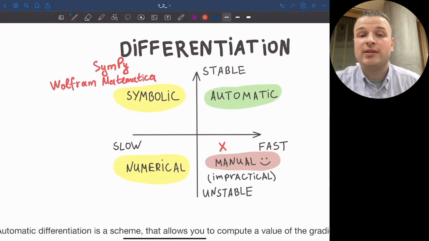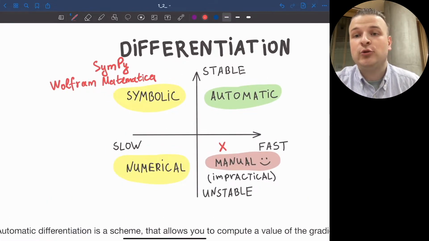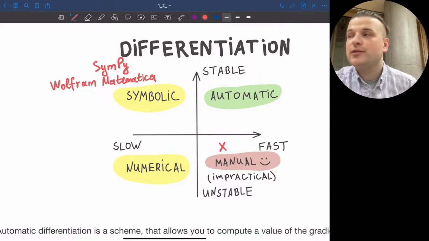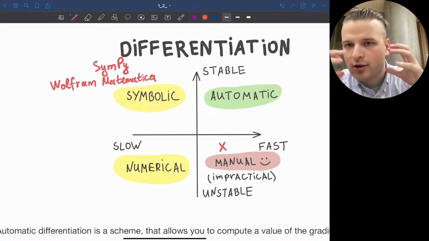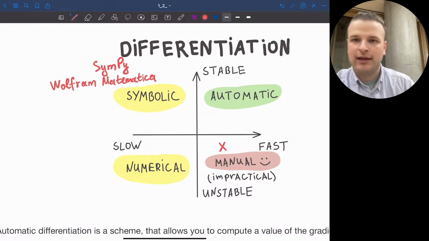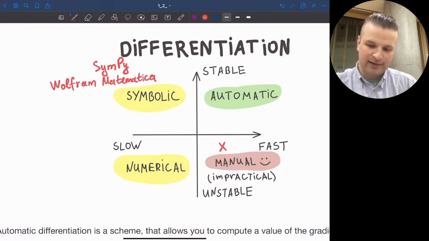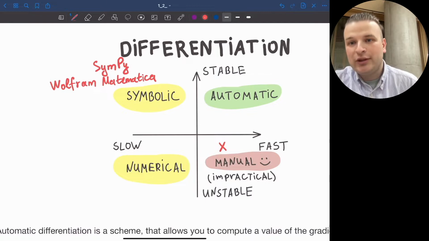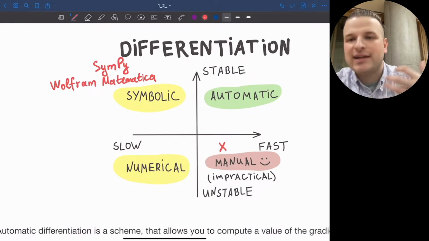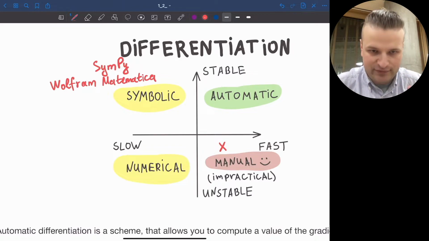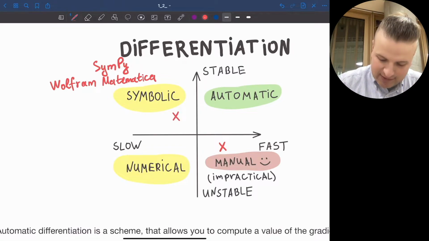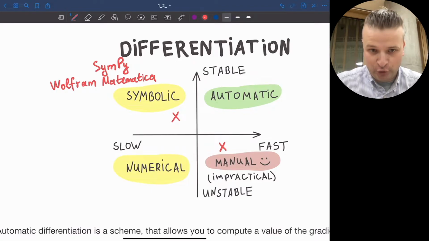The problem with this approach is that it could be very slow in terms of computation of very complex derivatives and Hessians, and typically we do not have this symbolic expression of our function where we need to compute these derivatives, which means that this is also not our choice.